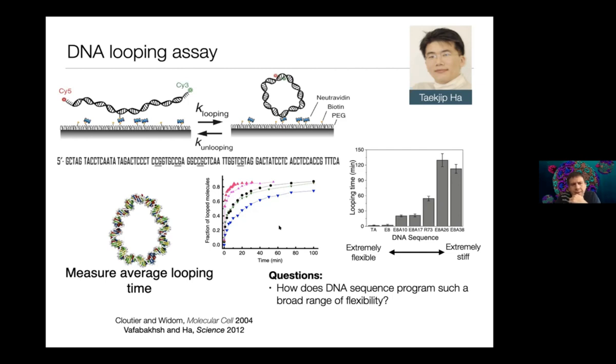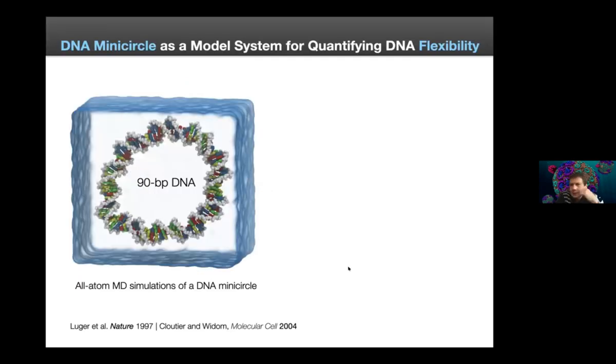Of course, this is a difficult problem if you think about it, because those looping times are hours. So we took a different approach. We said, since we cannot really simulate looping in all-atom MD, let's just look at the loop itself after it's formed. Here's our typical simulation system.